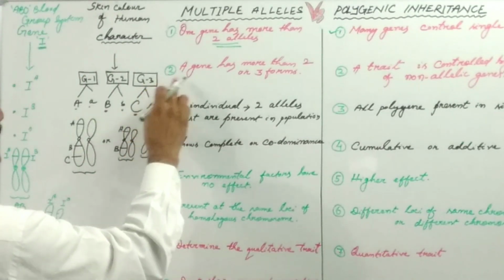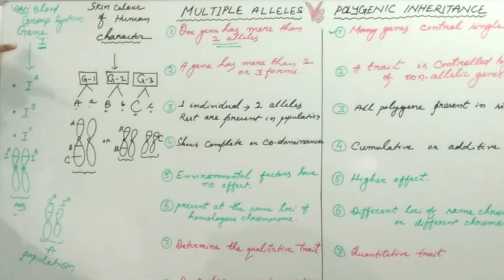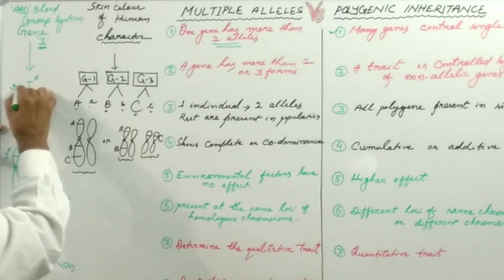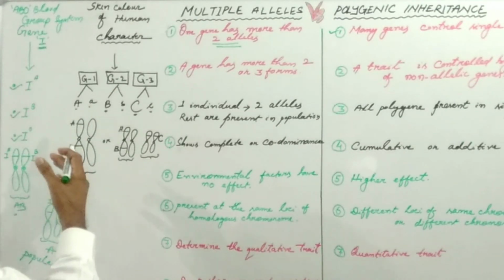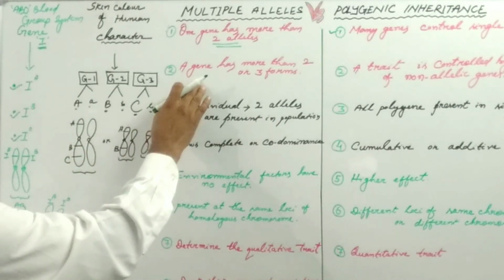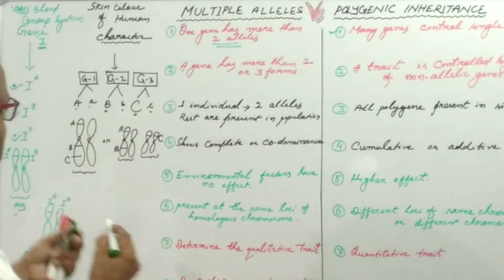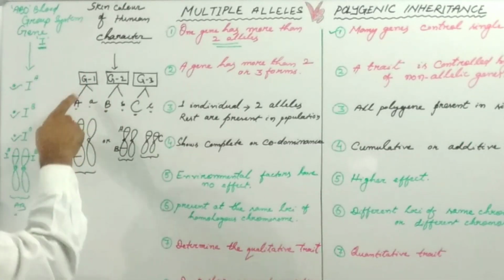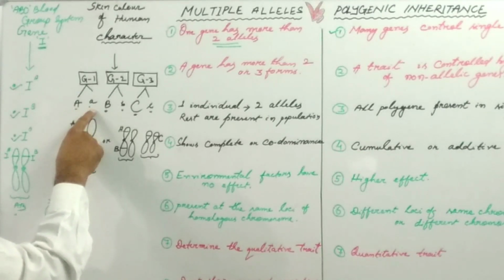Coming to the second point: in multiple alleles, a gene has more than two or three forms, meaning more than two or three allelic forms. But in polygenic inheritance, a trait is controlled by a group of non-allelic genes. Here a single gene has two forms, A and a. These are the allelic forms.